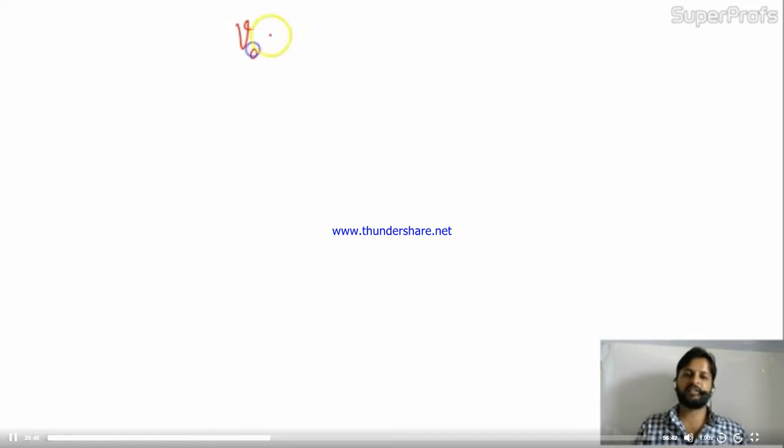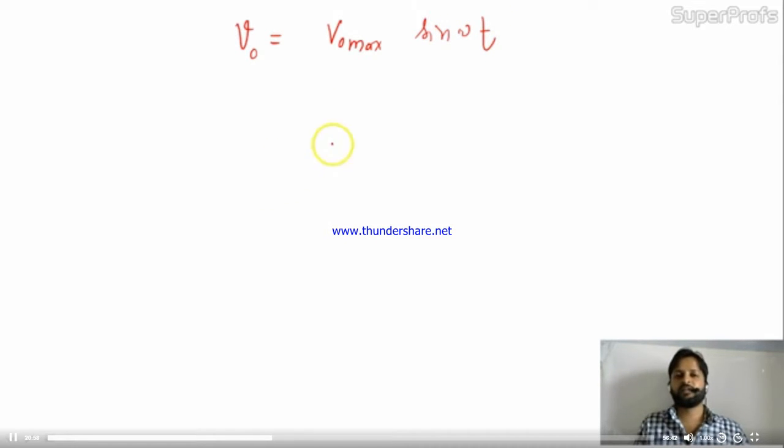So let's consider output is sinusoidal, and that is V0 max sin omega t. Let's consider this is the output waveform. Okay, now what slew rate says, slew rate is dV0 by dt.